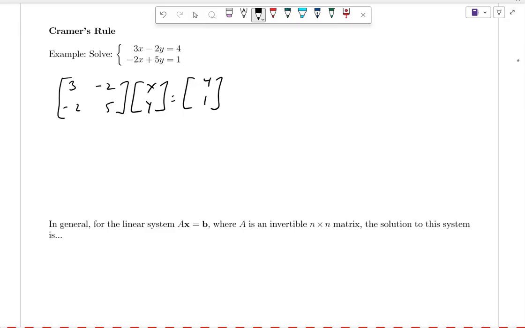So notice that for a 2x2 matrix, the inverse is pretty easy, right? I said system, sorry, 2x2 matrix. How do we find the inverse of a 2x2?